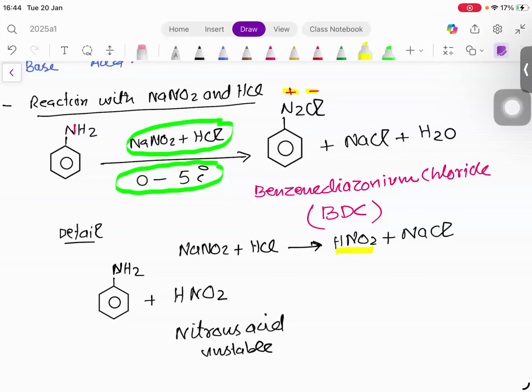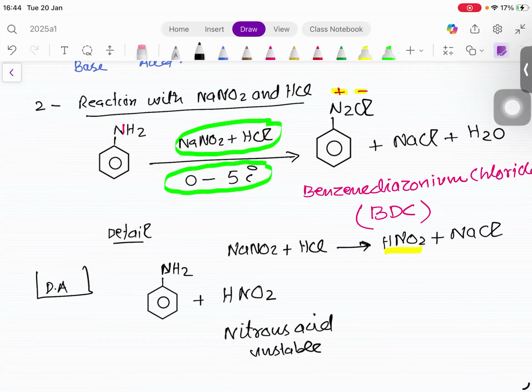So immediately it reacts because phenylamine is already there. So it is just prepared in the same reaction mixture, right? So we just mix them like this. Phenylamine is already there, and you added HCl. They reacted to produce what?